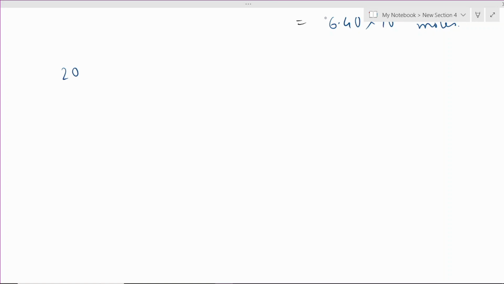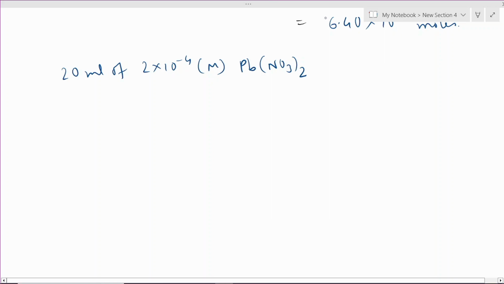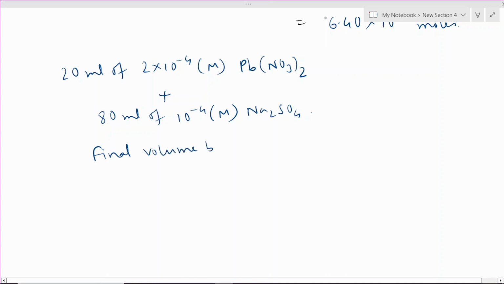So 20 ml of 2 into 10 to the power minus 4 molar lead nitrate plus 80 ml of 10 to the power minus 4 molar sodium sulfate. So the final volume becomes 20 plus 80 ml, that is 100 ml.